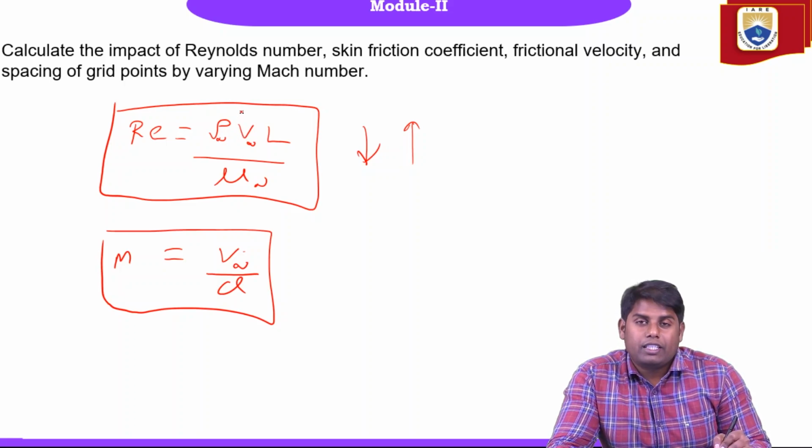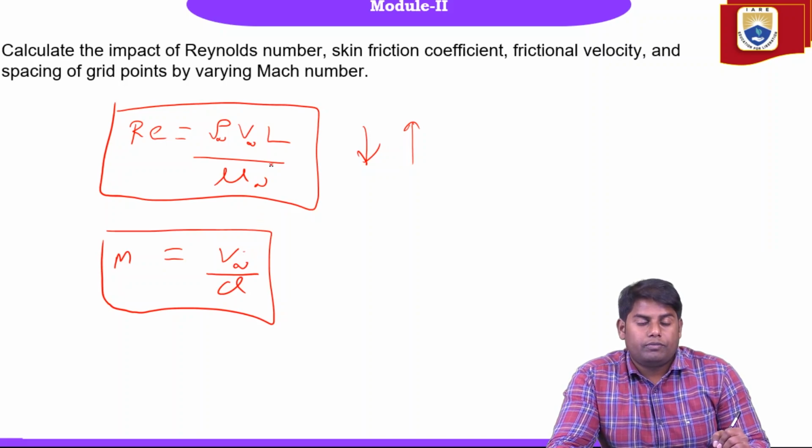If we decrease the velocity of the flow, it corresponds to low Mach numbers, because the V infinity term is common in the Mach number.